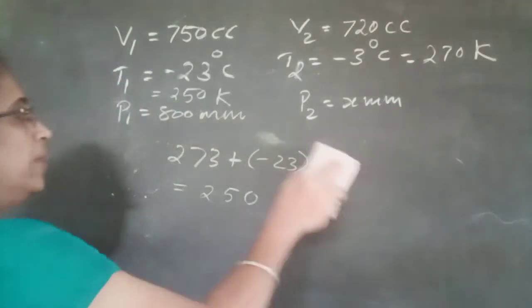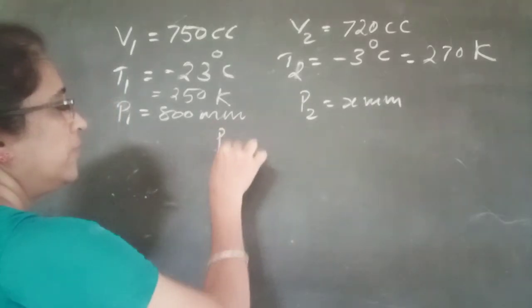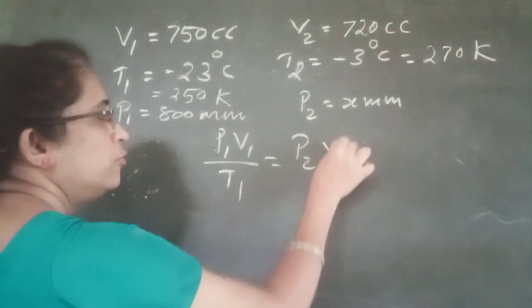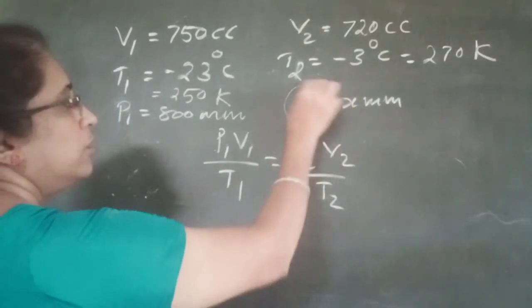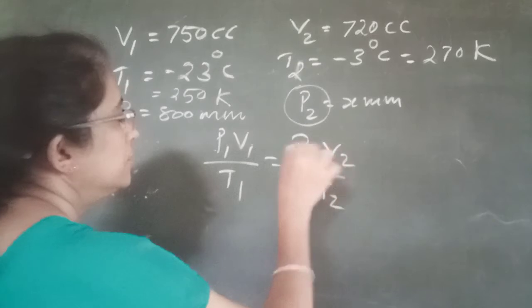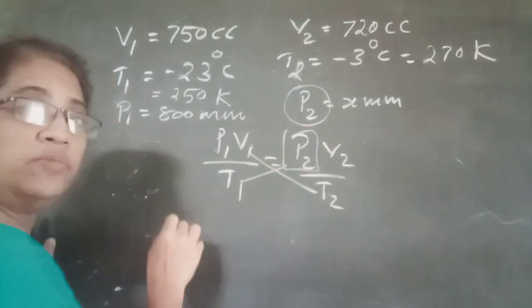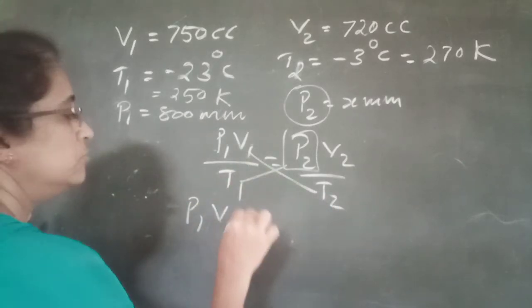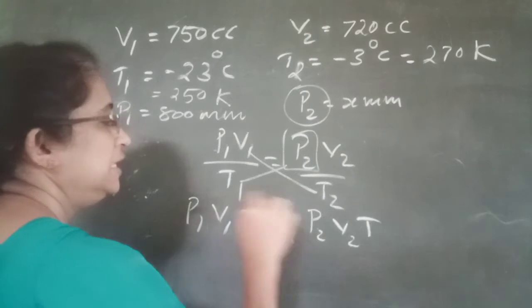Then by using the gas equation, P1 V1 by T1 is equal to P2 V2 by T2. Which parameter is unknown? P2 is unknown. Cross multiply and then we can write P1 V1 T2 is equal to P2 V2 T1.